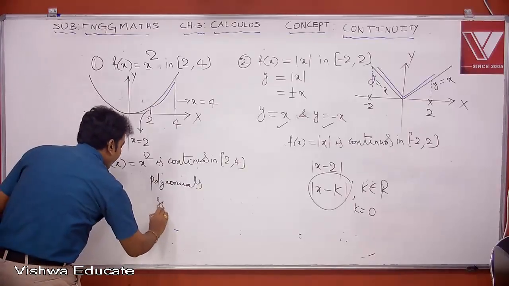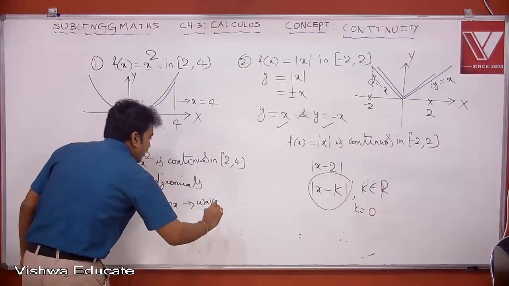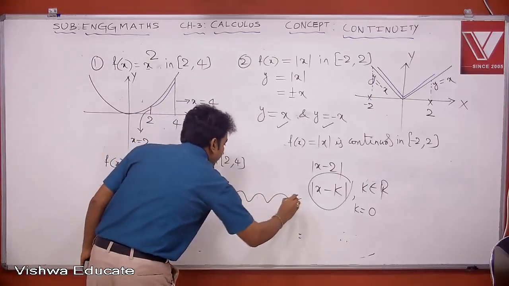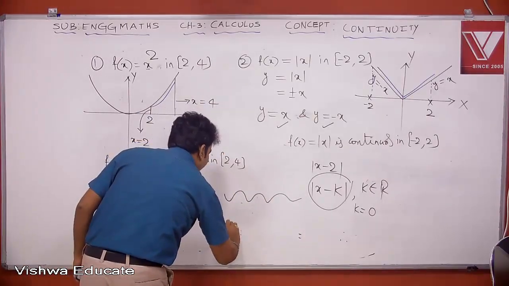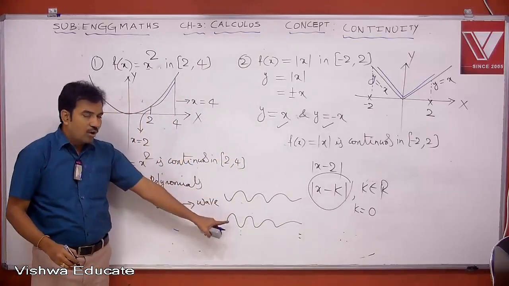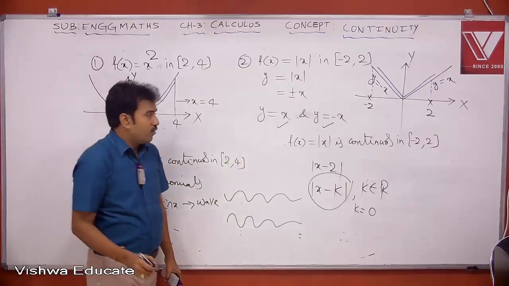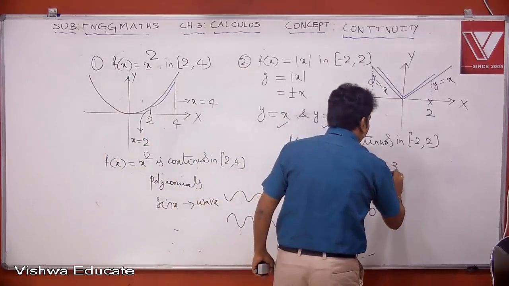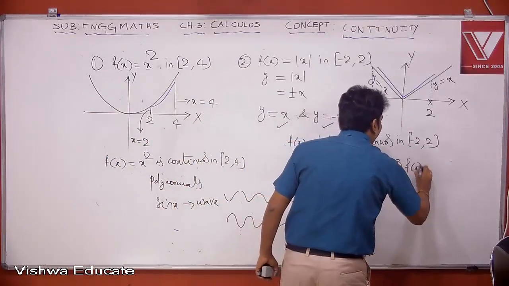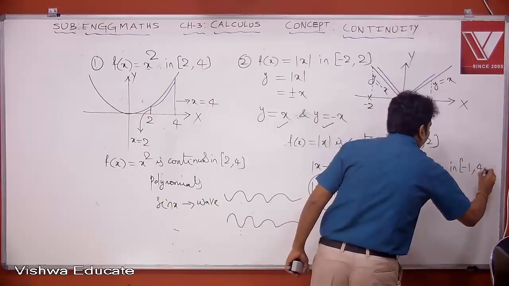Similarly, when you look at the graph of sin x, this is a wave shape. Sin x is a wave shape like this. Cos x looks like this. So the sine function, the cos function, and even the constant function. When you look at the graph of a constant function, suppose I take f of x equal to 2 in the closed interval, for example minus 1 comma 4.